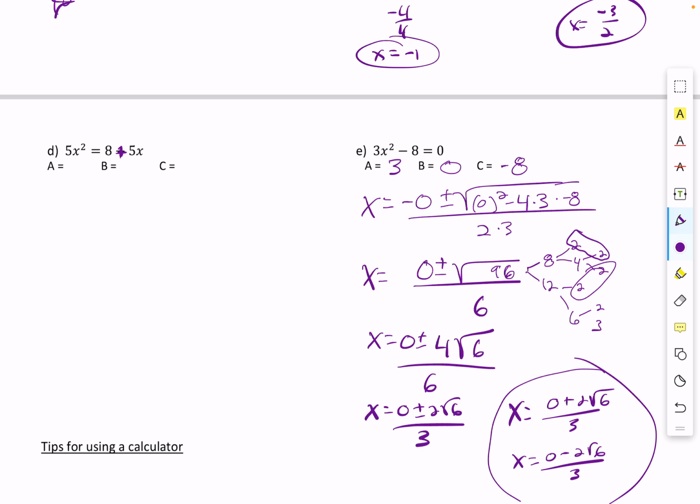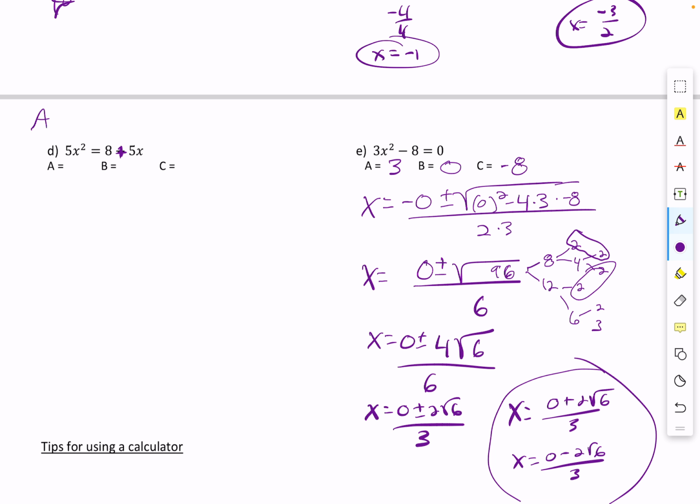Can I figure out A, B, and C yet? Is that in standard form, guys? What does one side have to equal for it to be in standard form? 0, right? So before I can do anything, I need to move these over.